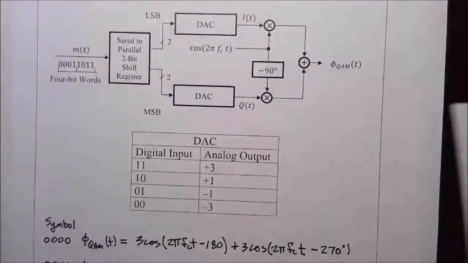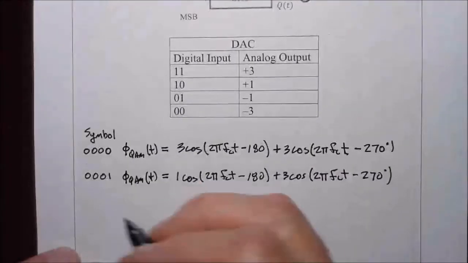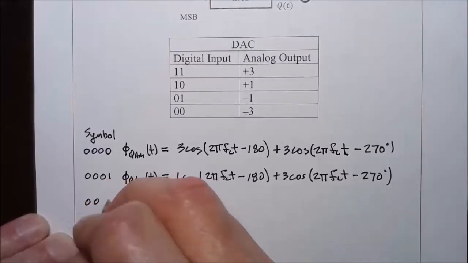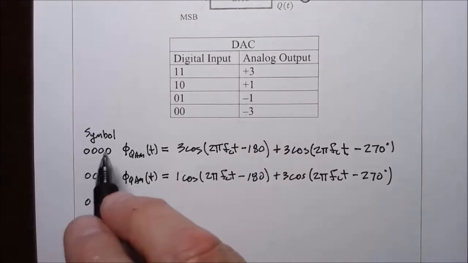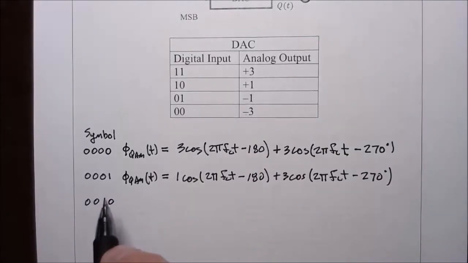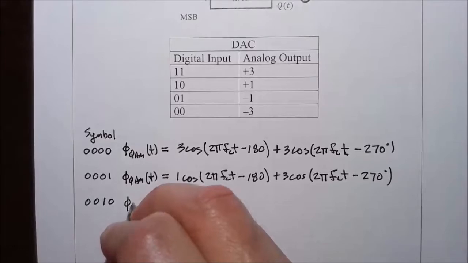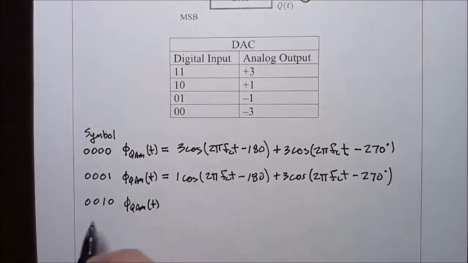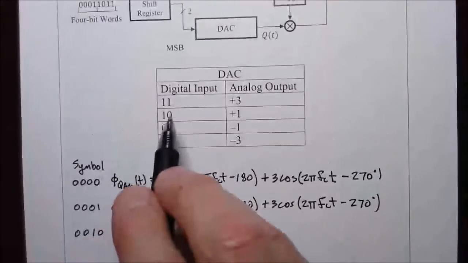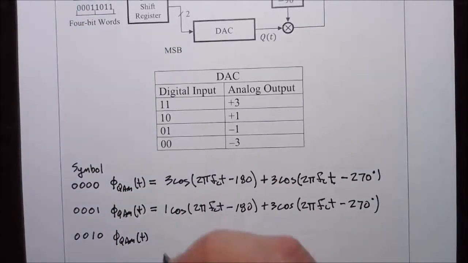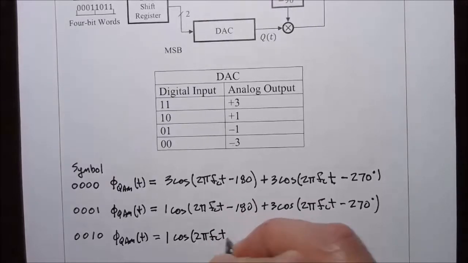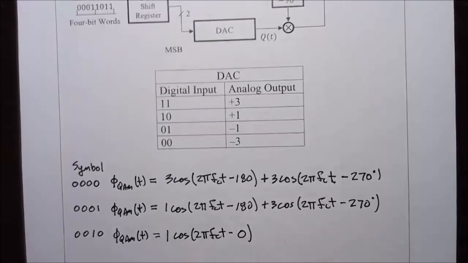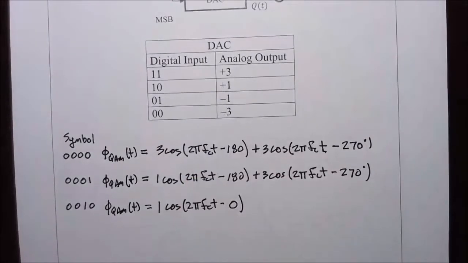And let's do a couple more, see if we can see a pattern developing. The next one would be 0, 0, 1, 0. The QAM signal. Now the least significant bit is 1, 0. That corresponds to plus 1. So that's going to be 1 cosine 2 pi FCT minus 0 degrees, because we're multiplying by plus 1.